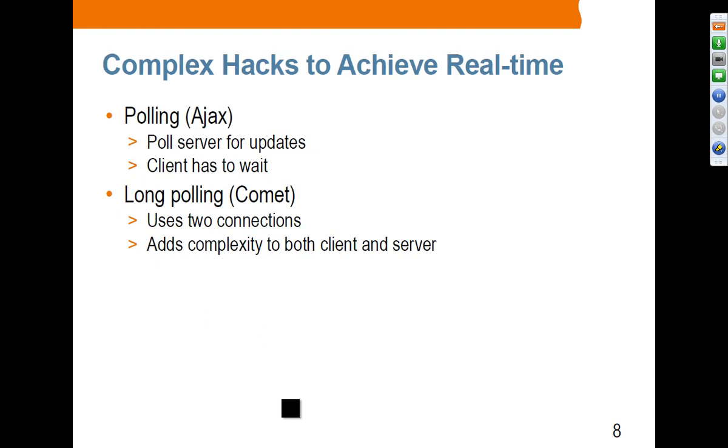So we need something better. Complex hacks to achieve real time are again Ajax, polling or long polling. This is something we talked about yesterday, right? So it is possible to have this kind of behavior, meaning server to client event-driven communication, but that requires quite a bit of hacking, as we learned yesterday, through Comet.